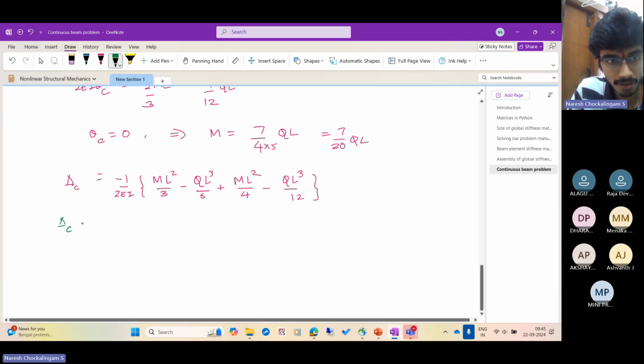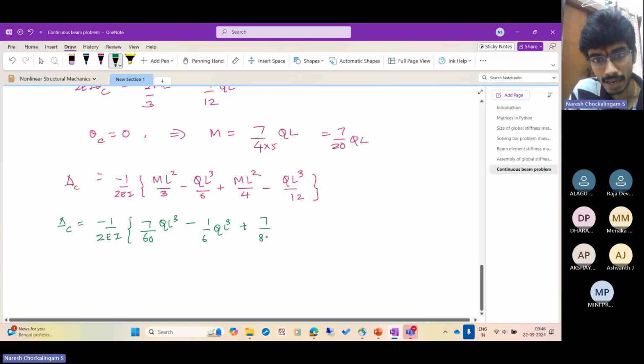So delta C is equal to minus 1 by 2 EI. What is m? It is 7 by 20 QL, so it is 7 by 60 QL cube minus, is this 6? Yeah, 1 by 6 QL cube plus 7 by 80 QL cube minus 1 by 12 QL cube.